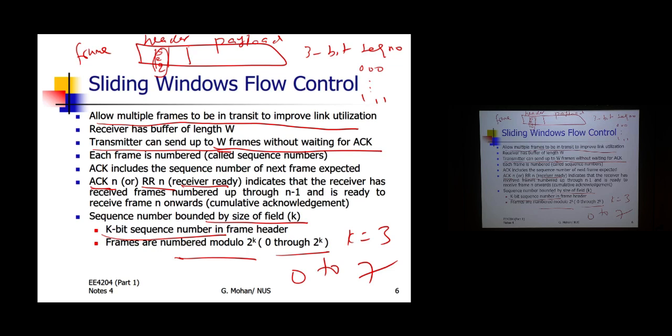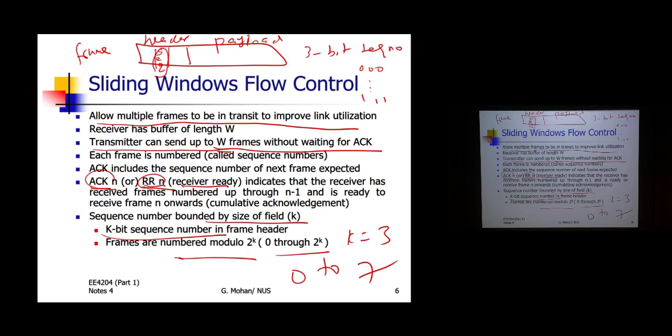Now, you need to be careful in understanding this notation. When we say RR N or ACK-N, this does not mean that it is acknowledging frame number N. No. RR N, which stands for receiver ready N, means the receiver is ready to receive frame number N onwards. That means the receiver is acknowledging frame number N-1 and the earlier frames.